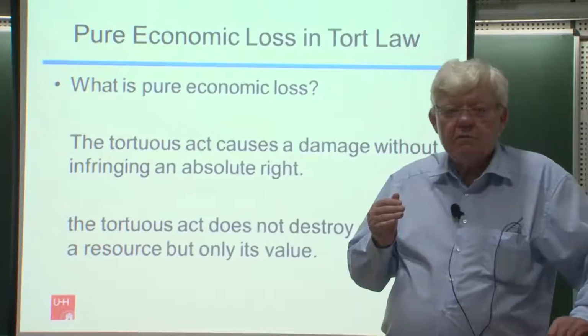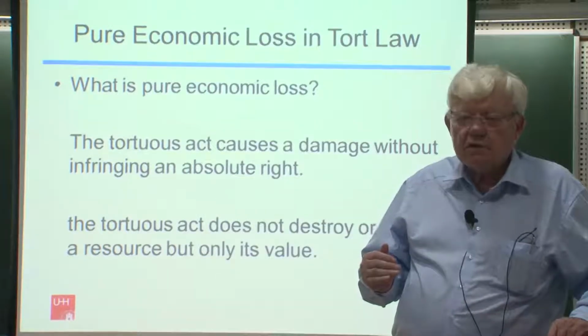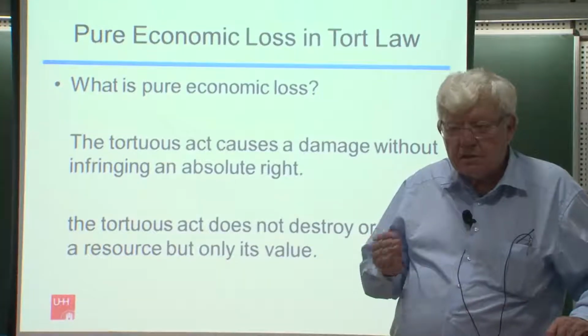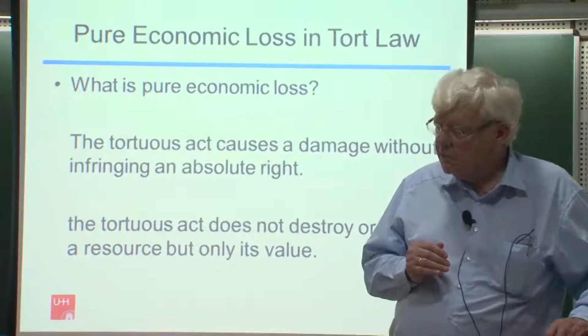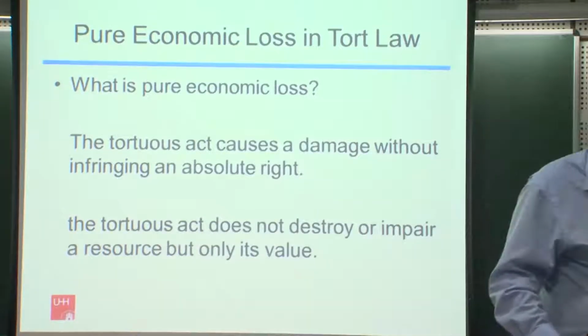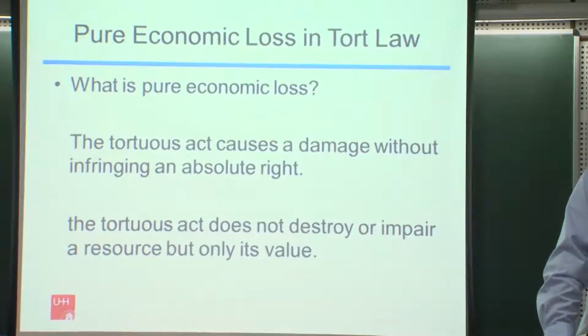So there is no difference between the individual loss and the loss of the society at large. It is exactly the same, right? This is, however, not the case with so-called pure economic losses.